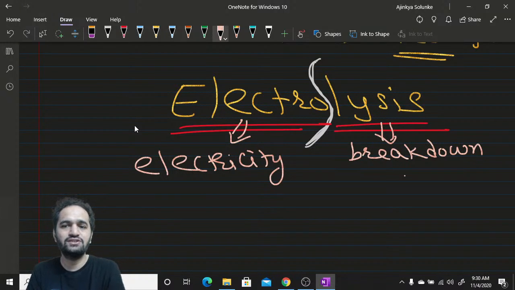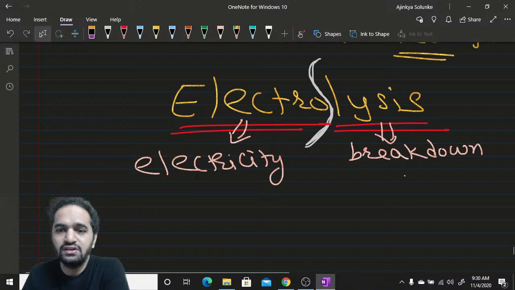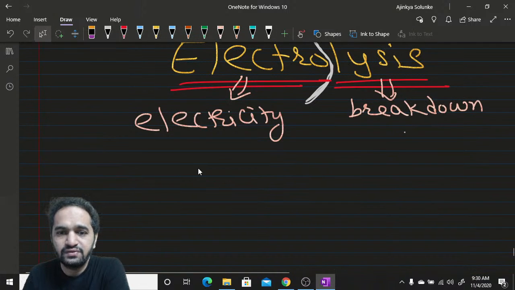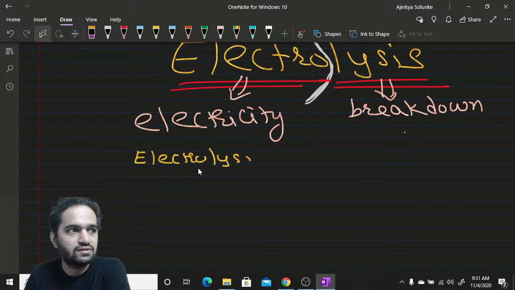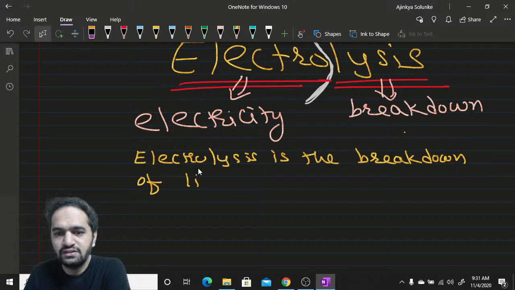But we have seen examples of liquids only, so we can use this definition: electrolysis is the breakdown of liquids due to electricity.